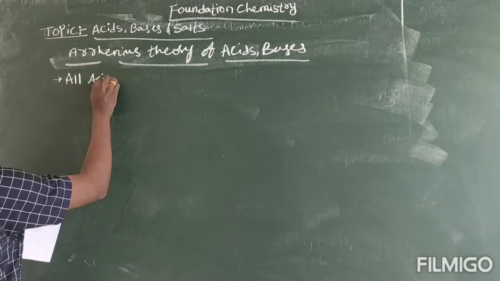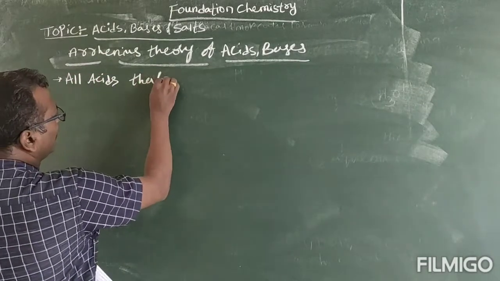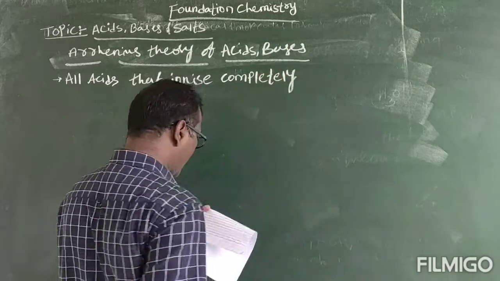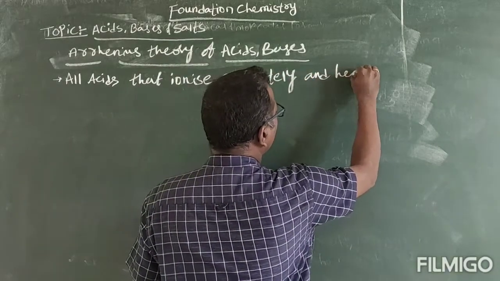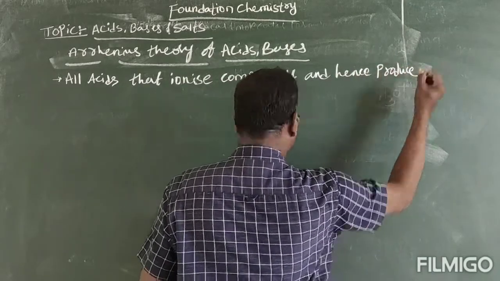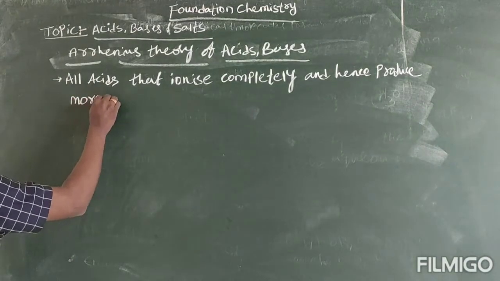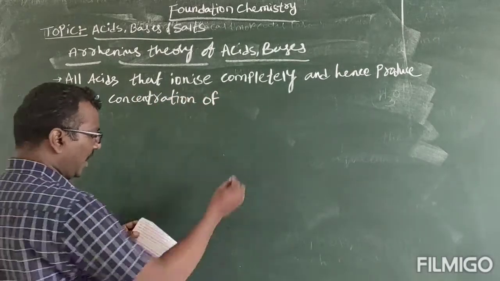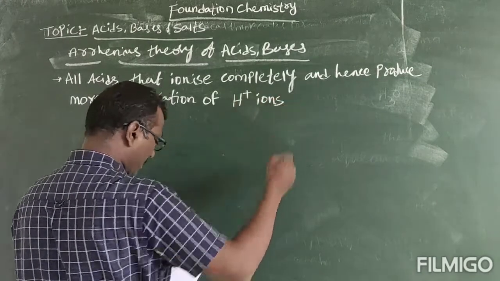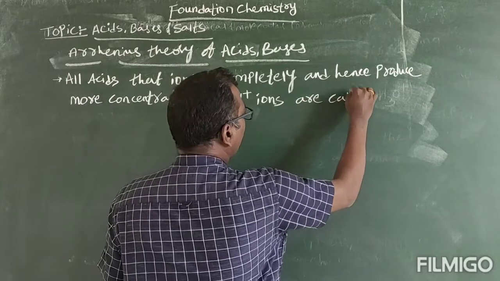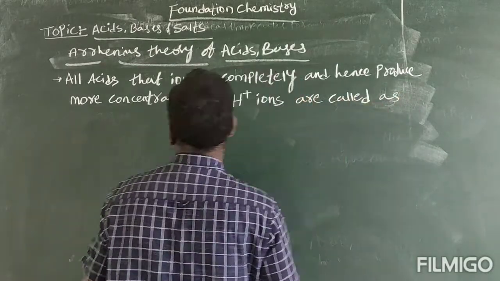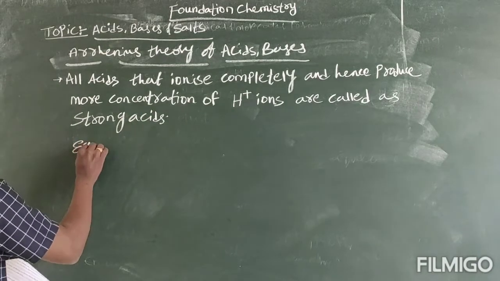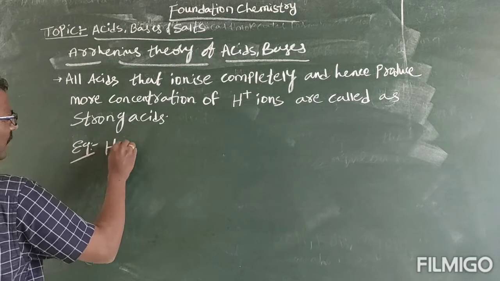All acids that ionize completely and hence produce more concentration of H plus ions are called as strong acids. Example, HNO3.